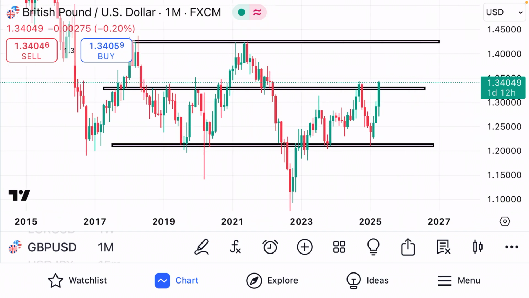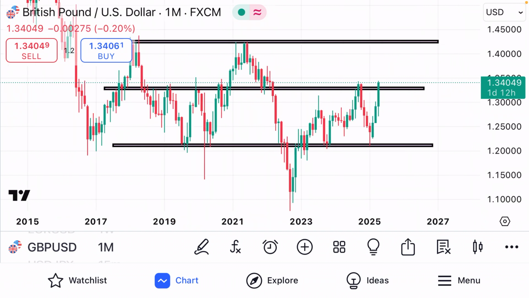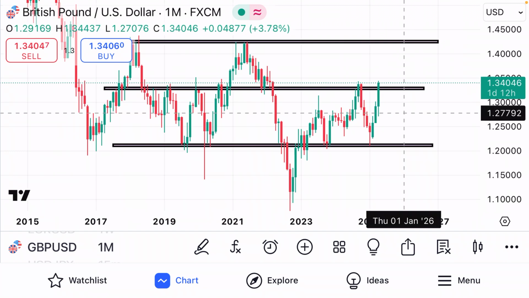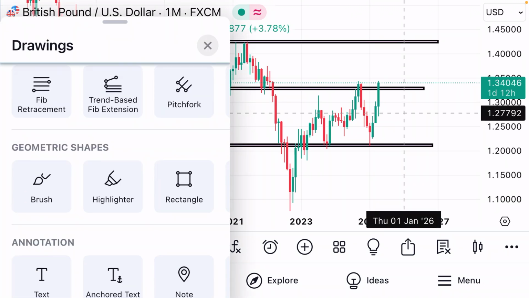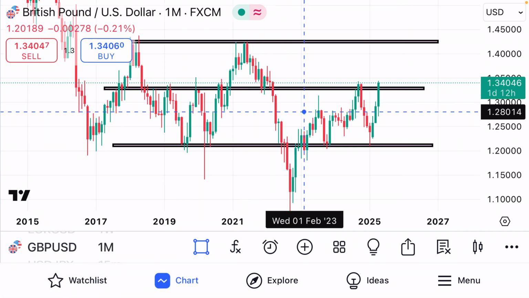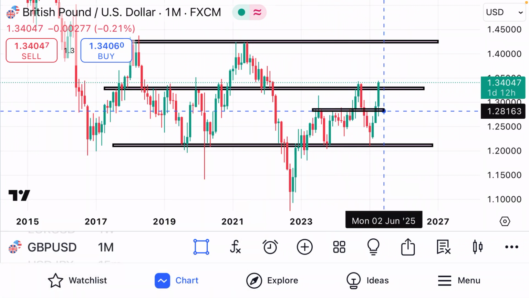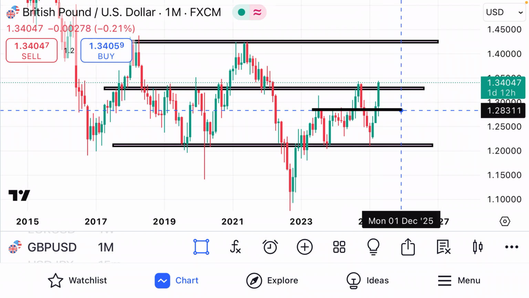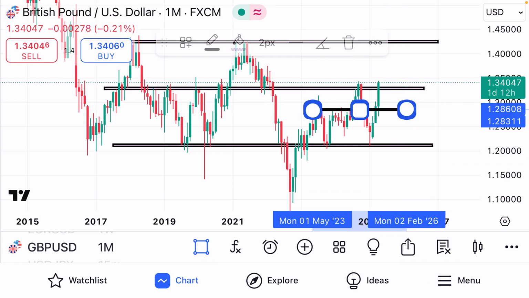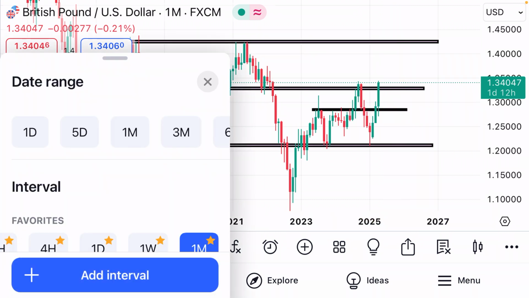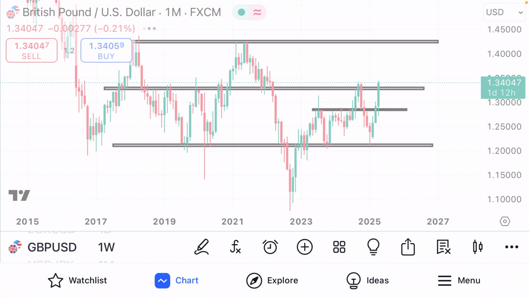So now, after marking this out, we go to the weekly time frame. You guys could see it here on the monthly time frame, a resistance turned to support level here. So let's come down to the weekly time frame. Here we are on the weekly time frame.